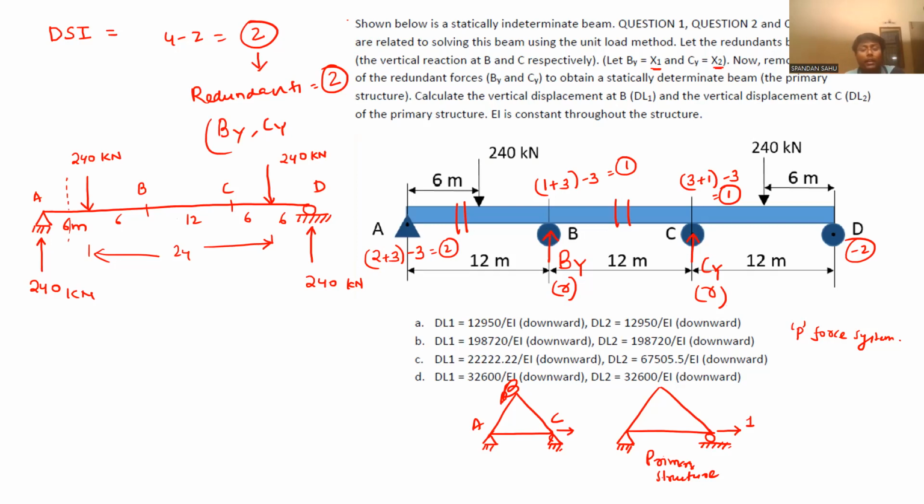You can assume anything, but that will create problems and you cannot correlate the things, so it's better to assume unity. Under this unit load, there will be some displacement of this joint. Due to this 1 unit force, there will be some reactions coming in every member. That will be K4 system.